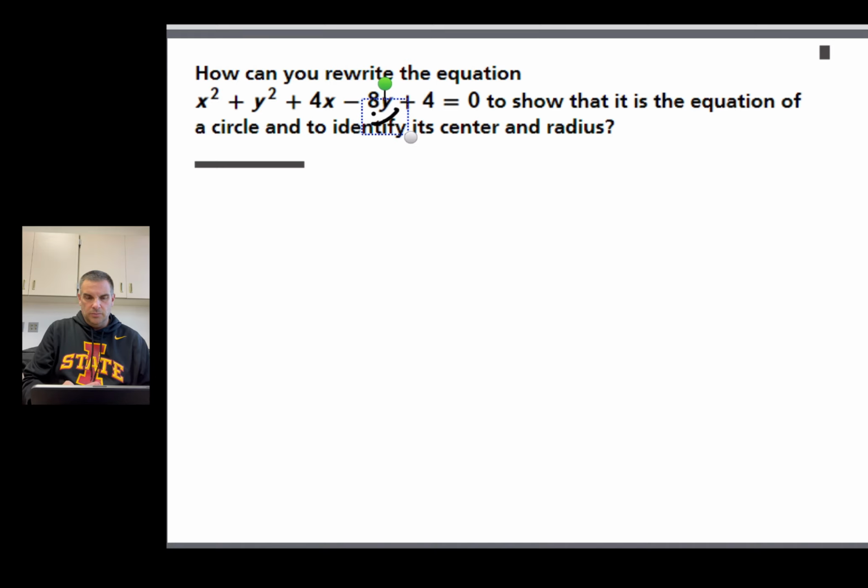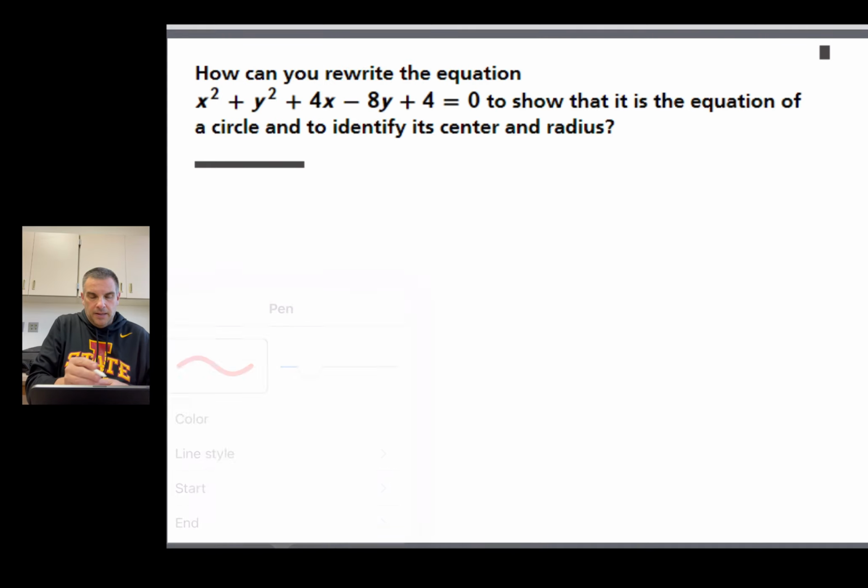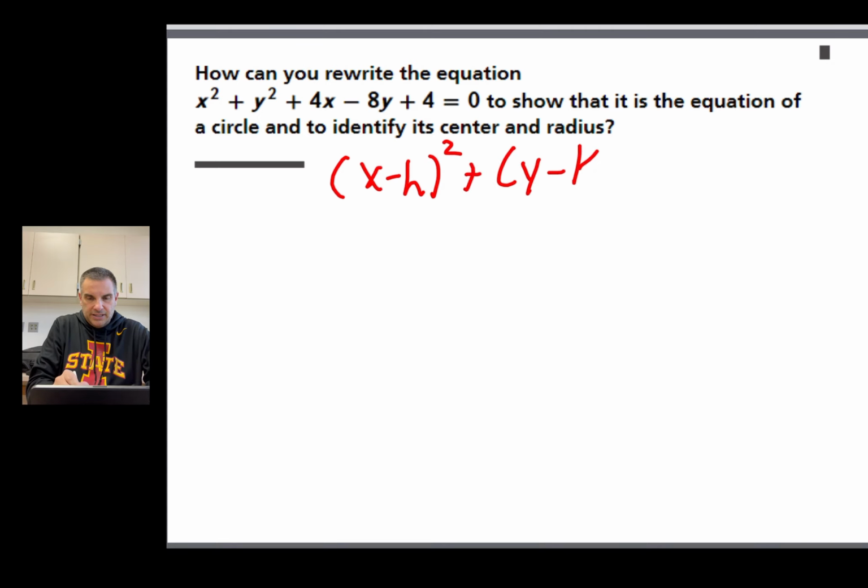How can you rewrite the equation x squared plus y squared plus 4x minus 8y plus 4 equals 0 to show that it's the equation of a circle, and then identify the center and the radius? Our standard form for a circle is (x minus h) squared plus (y minus k) squared equals r squared.